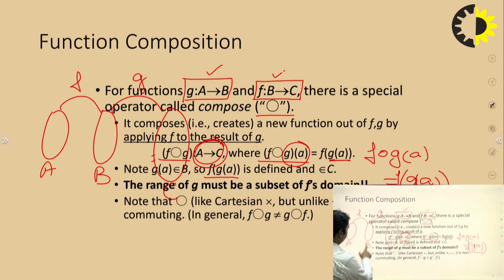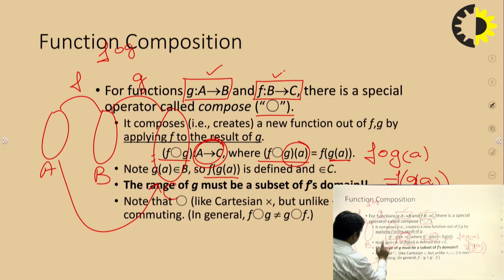If we find the composition f of g, then we get f∘g, which is the relation from A to C.